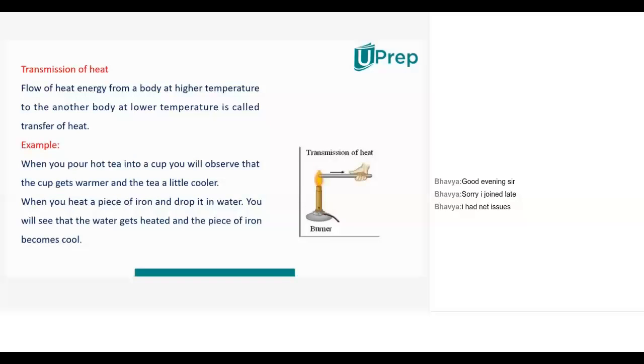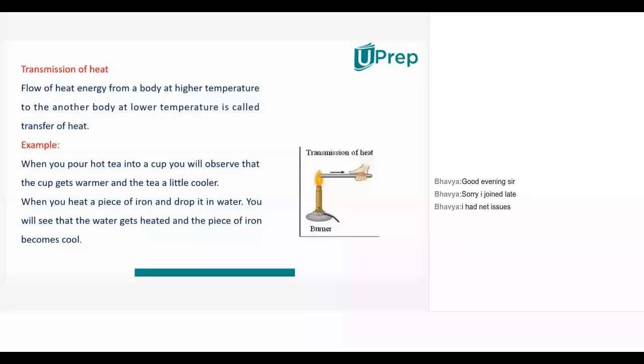Only heat energy will be transferred from one particle to another particle, but the particles will not move from one point to another point. So if heat energy flows from one point to another point without moving the particles of the medium, then that type of transfer of heat energy will be called conduction.